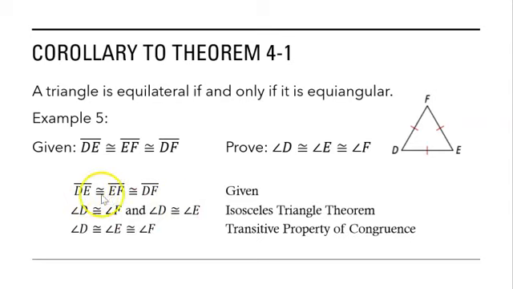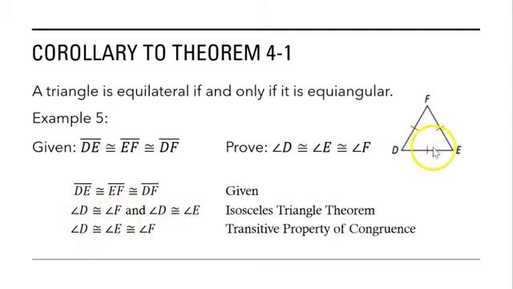I always start with my given statement. Then I notice that the isosceles triangle theorem would say that angle E has to be congruent to angle D, and angle F has to be congruent to angle D. All I did was take a pair of sides, look across from them, find the two angles that were across, and write them as being congruent.